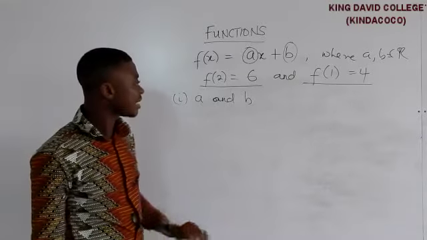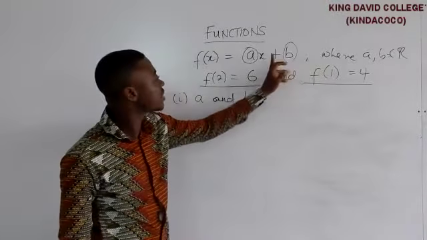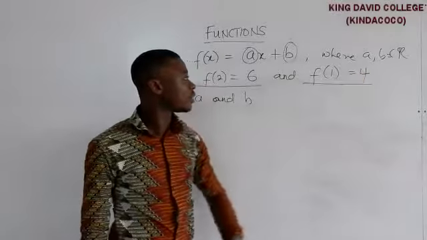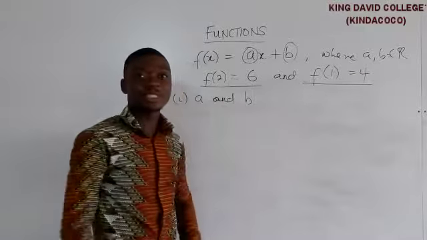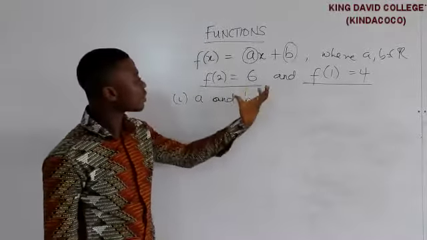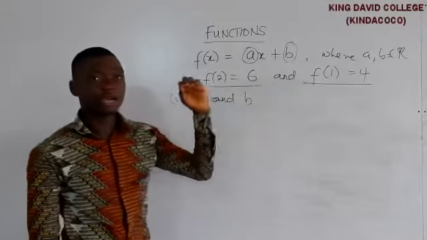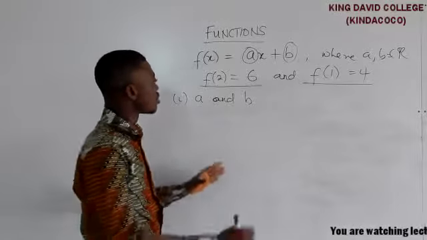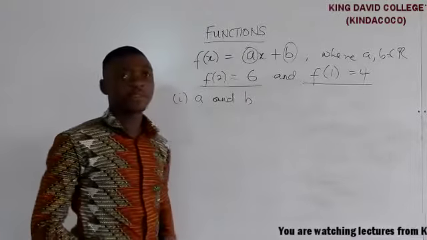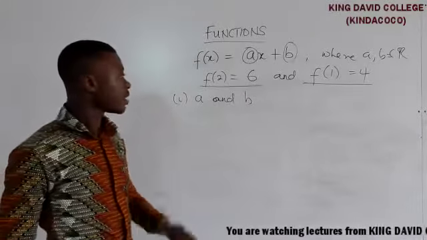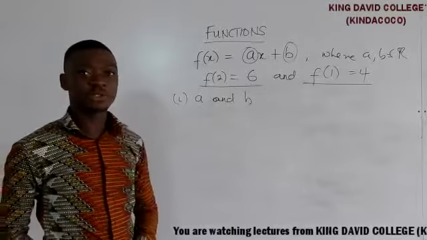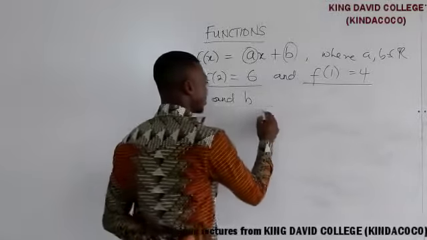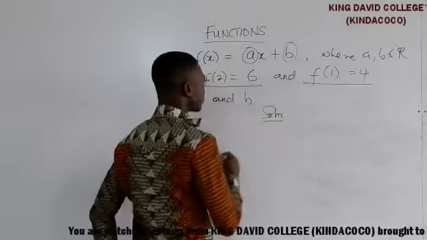And when you put 1 into this function, you get 4. With these two preambles, we should be able to use the idea from our very first lesson to establish the function. Okay? So now let's see how we are going to solve this.